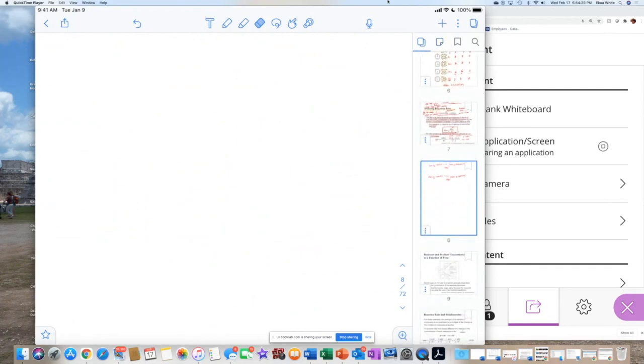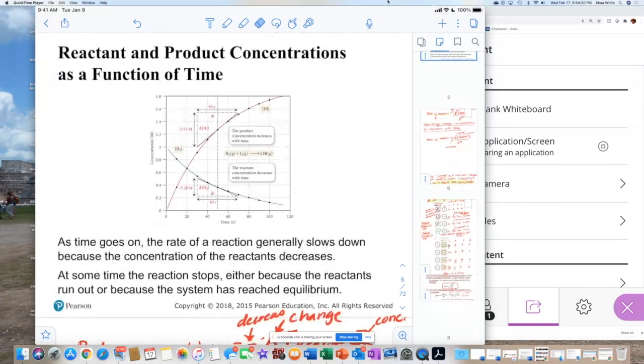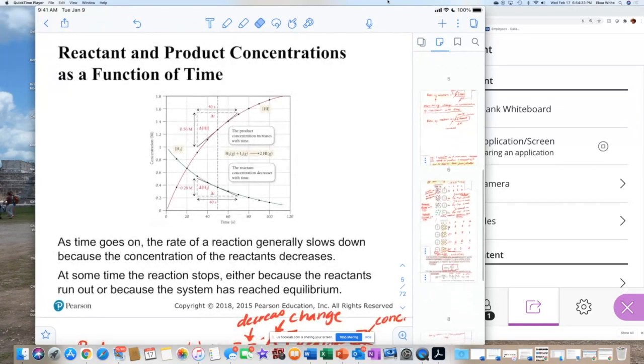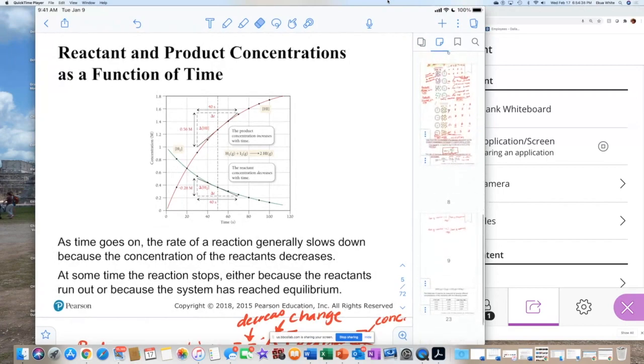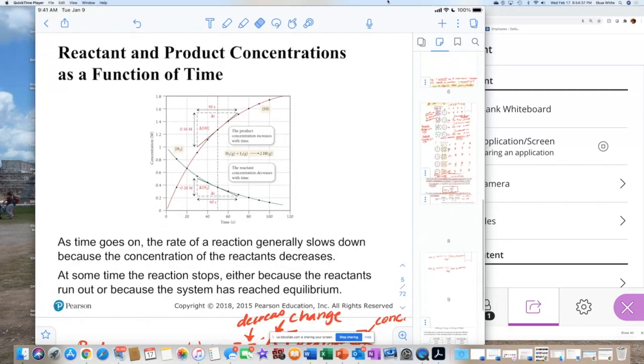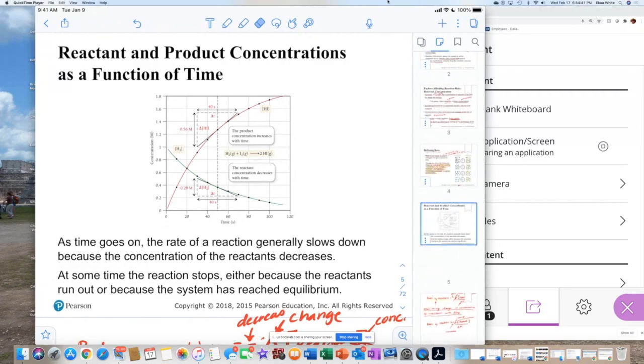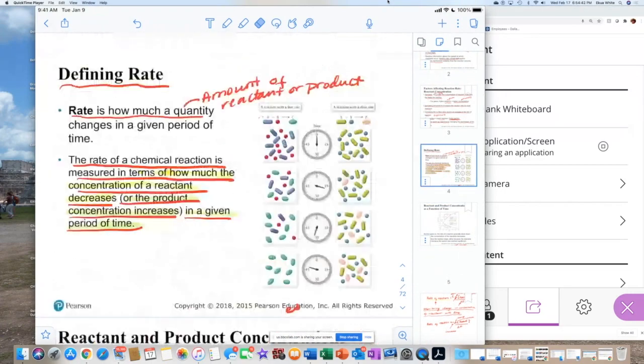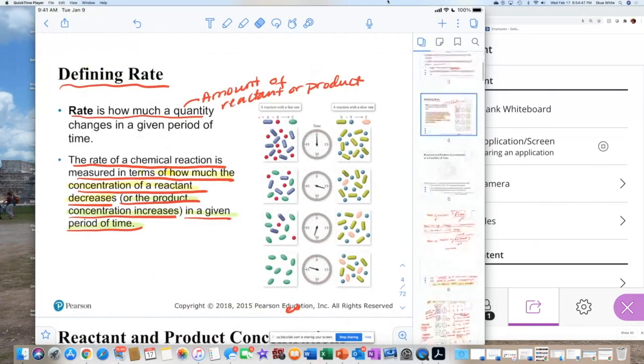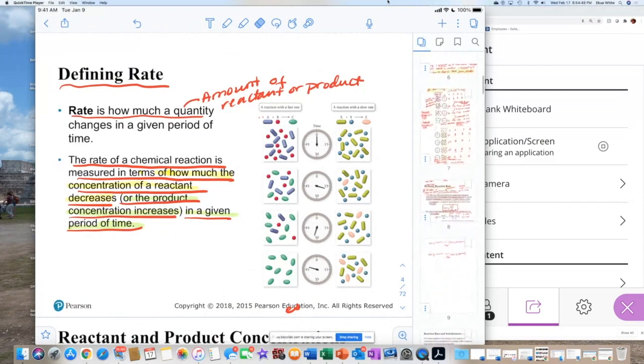Okay, let me move this over. Wait, what happened? Oh no. Okay, hold on.